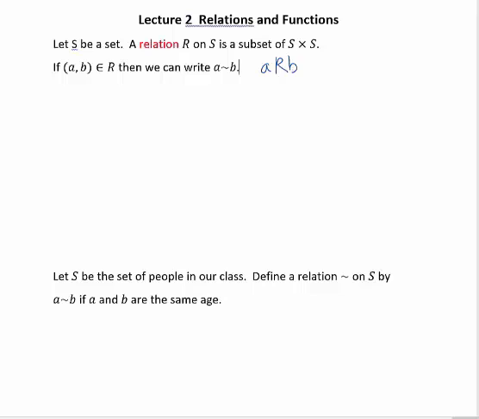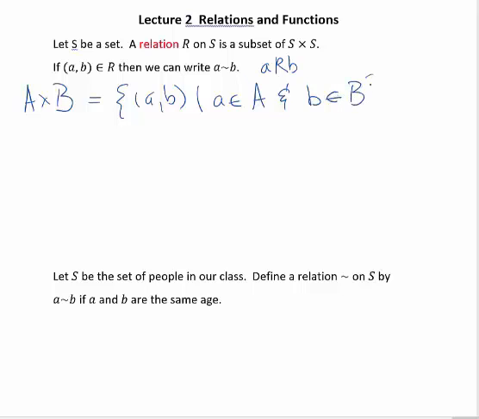So let's review what we mean by a Cartesian product. If A and B are two sets, the Cartesian product of A and B is the set of all ordered pairs A, B, such that the first element of the ordered pair comes from A, and the second coordinate comes from B. So let me give you an example.